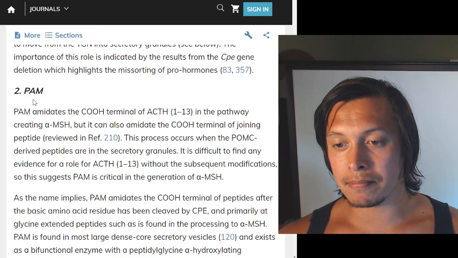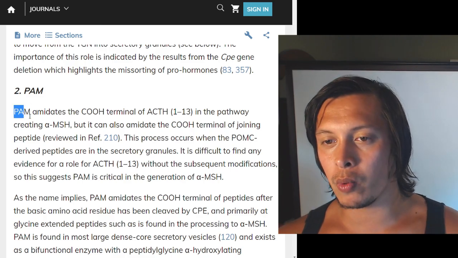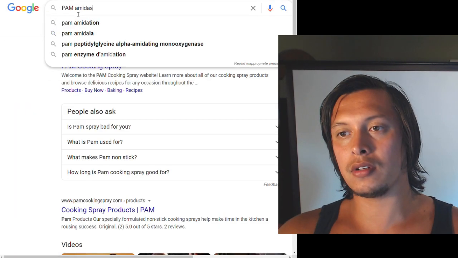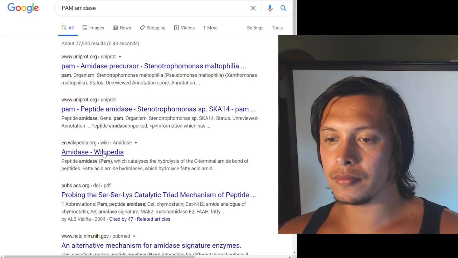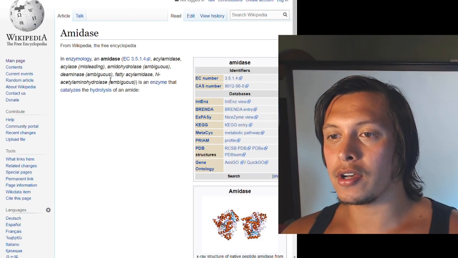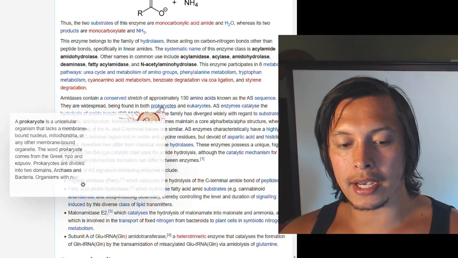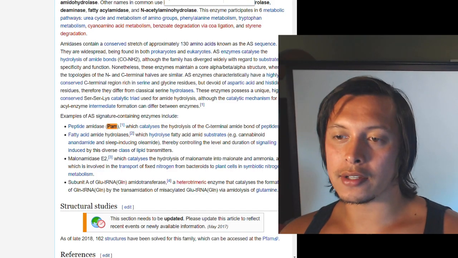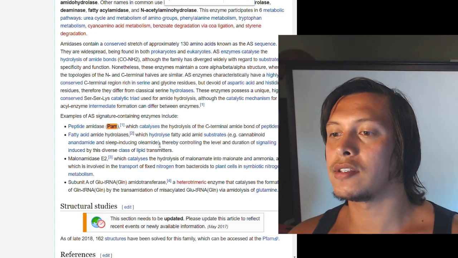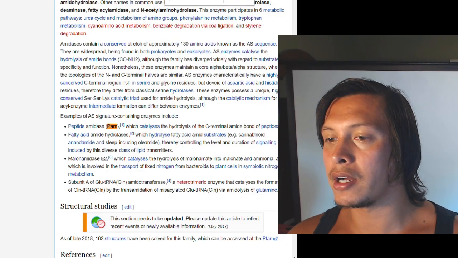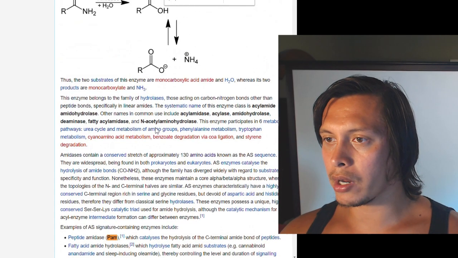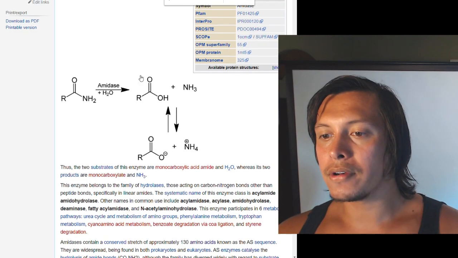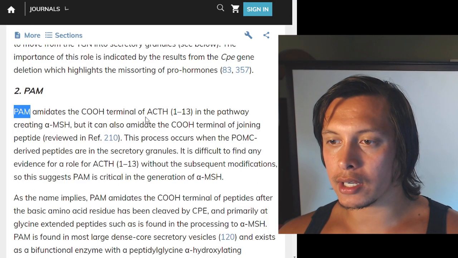I believe we went over this earlier, but amidase, also known as PAM, for peptide amidase.